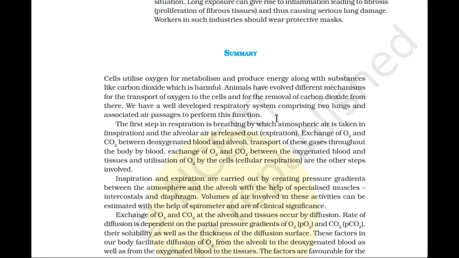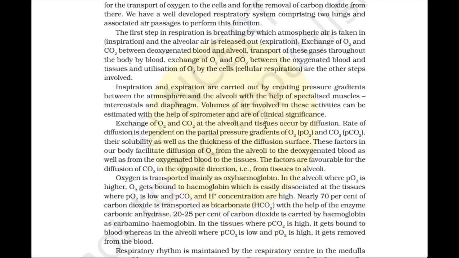We have a well-developed respiratory system comprising two lungs and associated air passages to perform this function. The first step in respiration is breathing, by which atmospheric air is taken in, inspiration, and the alveolar air is released out, expiration. Exchange of O2 and CO2 between deoxygenated blood and alveoli.